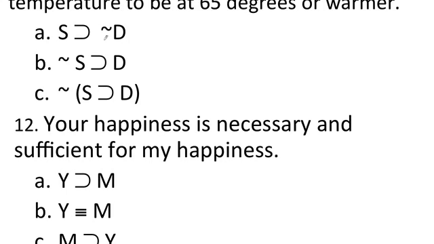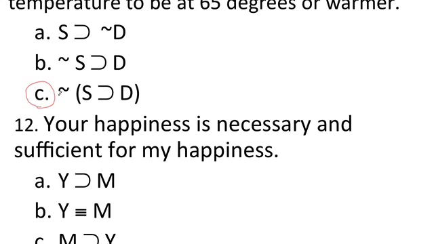Now that doesn't seem to be right. But what you might be fooled by is B. If it's not the case that the sun is shining, then it is the case that the temperature is 65 degrees or warmer. That's also not a correct notation for this sentence. C is correct.